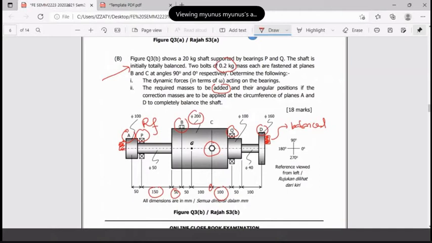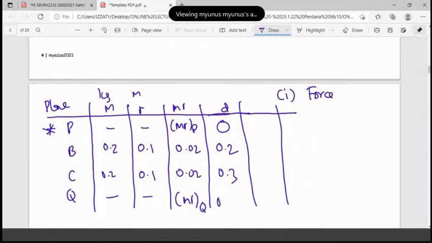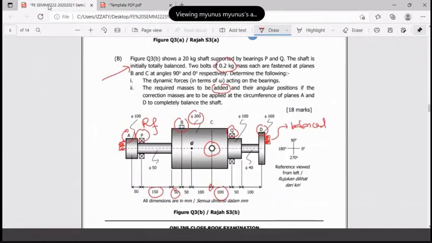Am I correct? 200, 200, this one 250, 350, 450. So 450, you have 0.45. This one MRD 0, this one becomes 0.004, this one 0.006, and 0.45 MRQ.